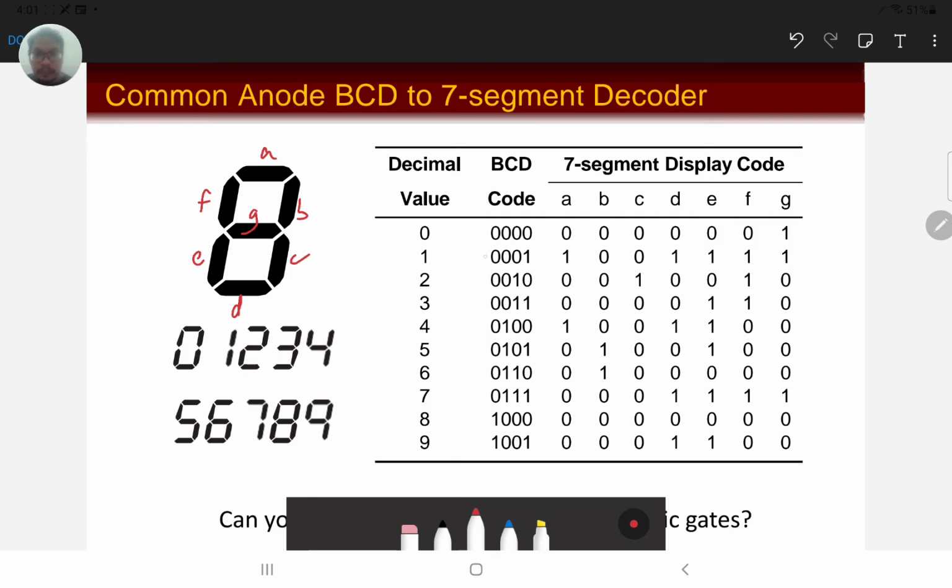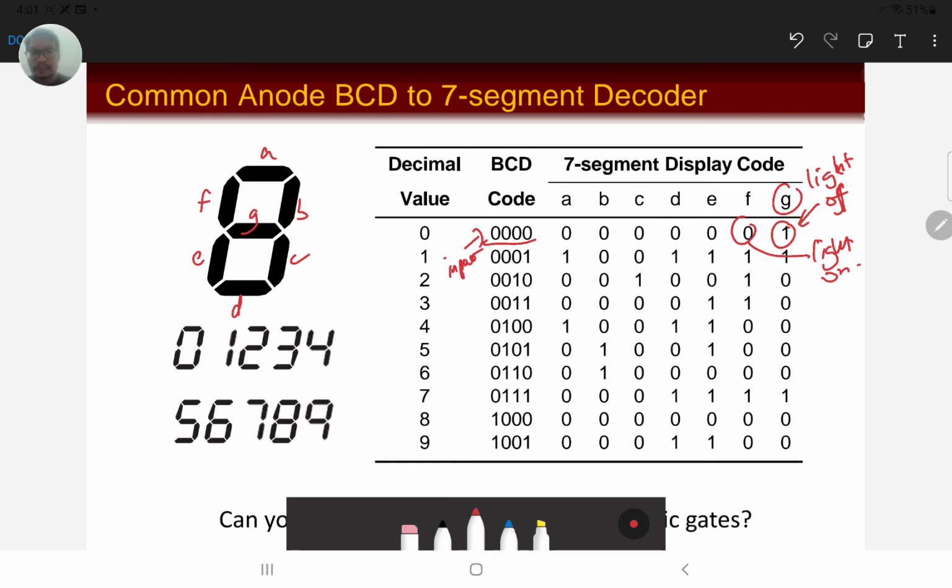For example, here is our input. If our input is 0, 0, 0, 0, then this is light off. For the anode type, logic 1 is light off, and here is light on. You can see here that our G is light off.